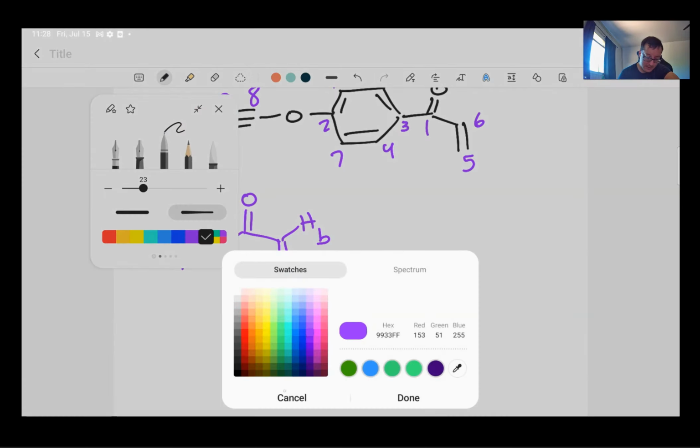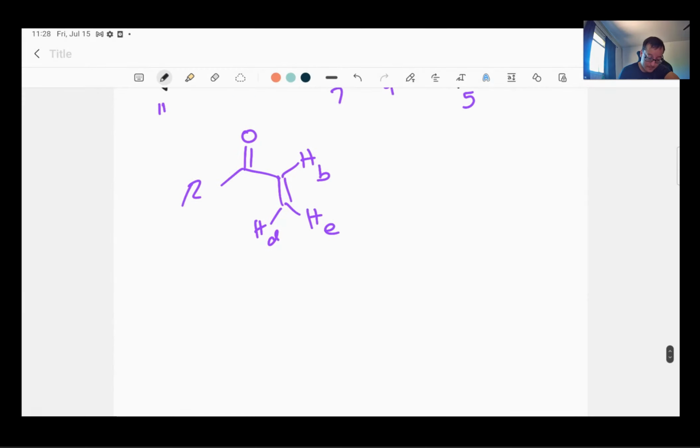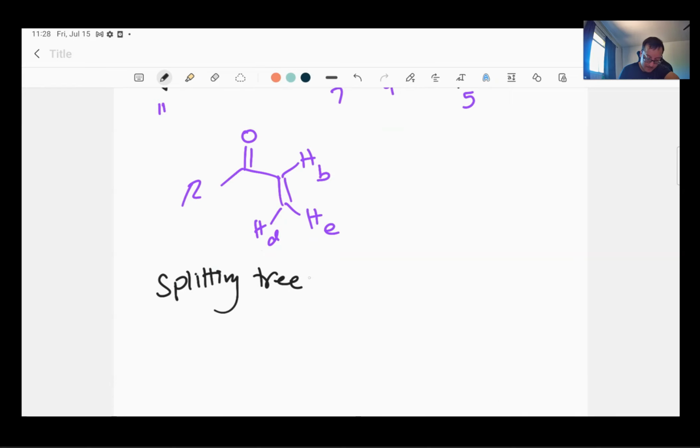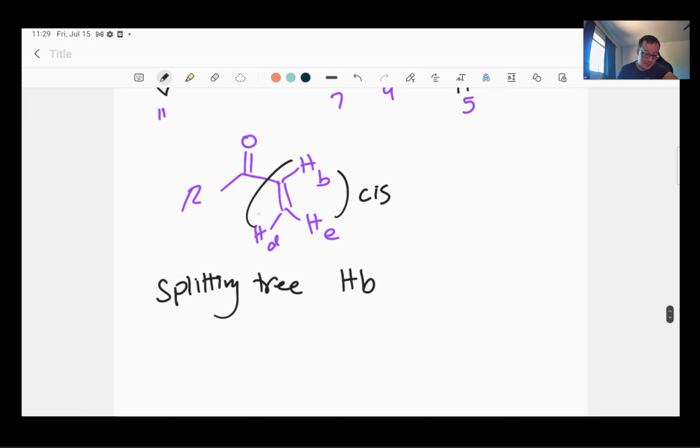So if we want to do a splitting tree for HB, we want to look at the relationships it has to neighbor hydrogens. It has no hydrogens on the left. We have 2 hydrogens on its right. I guess in this case they're down, but whatever. We have a cis one, and then we also have a trans double bond.